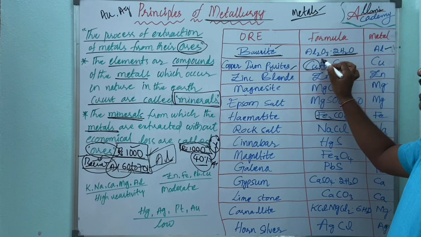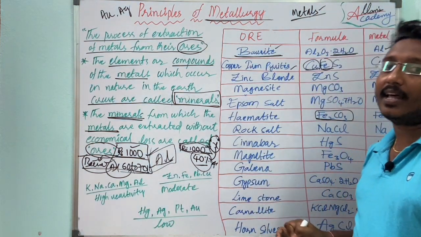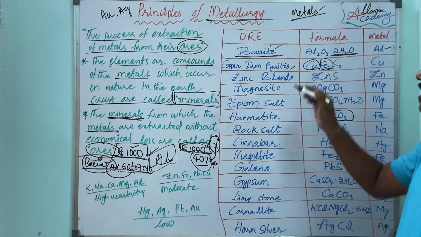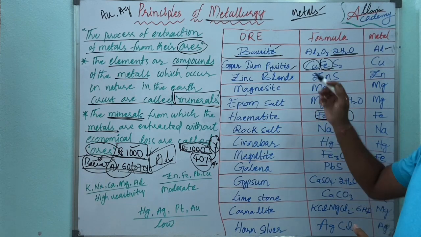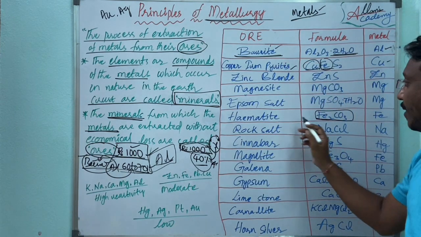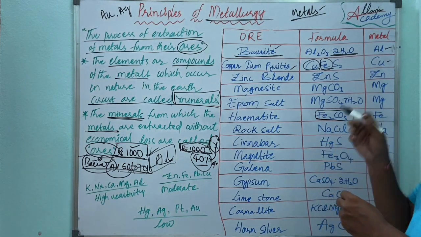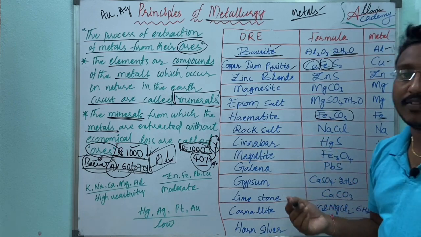If we want to collect only iron from it, it is not profitable. So it is called a mineral in the case of iron, but ore in the case of copper. Here hematite is called ore of iron, because we can get more quantity of iron.